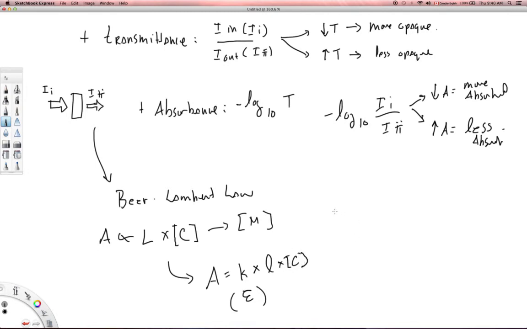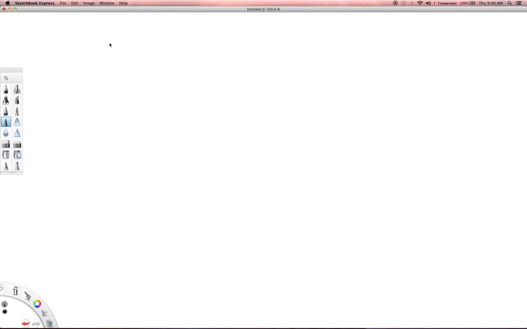Okay, so what in the heck does that mean? I've just been blabbing on and on. Well, let me show you here. What that means is I can graph this. Let's say I'm looking at a concentration of some analyte, and this is 0.1 molar, 0.2 molar, 0.3, 0.4.